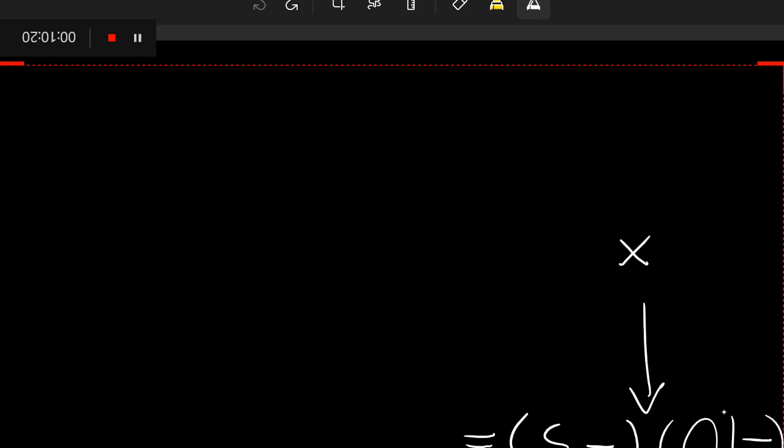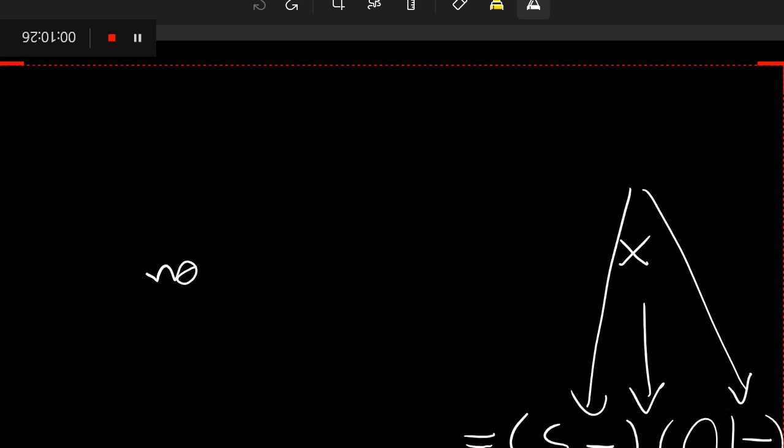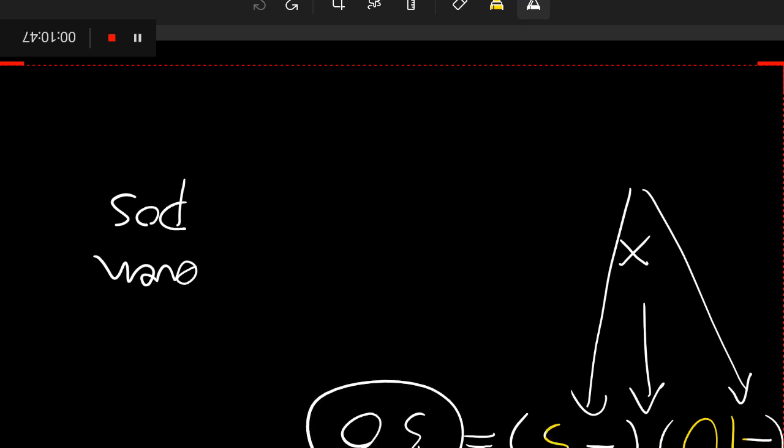Looking at this question, we can see that there are two negative signs, and since 2 is an even number, the answer is positive. So we don't have to put a negative sign there. Now we can do the question normally. 10 times 5 is 50. So negative 10 times negative 5 is positive 50.